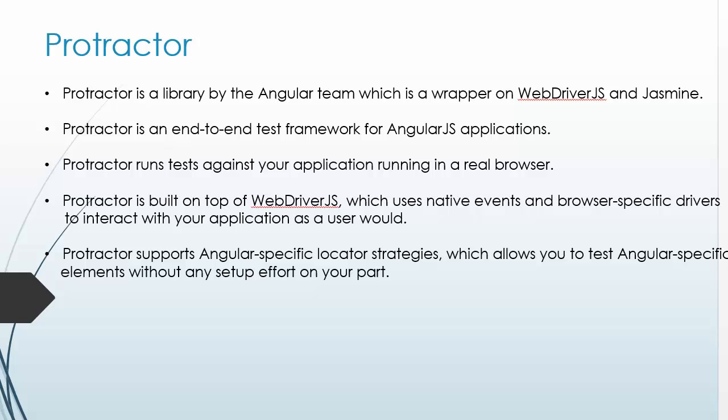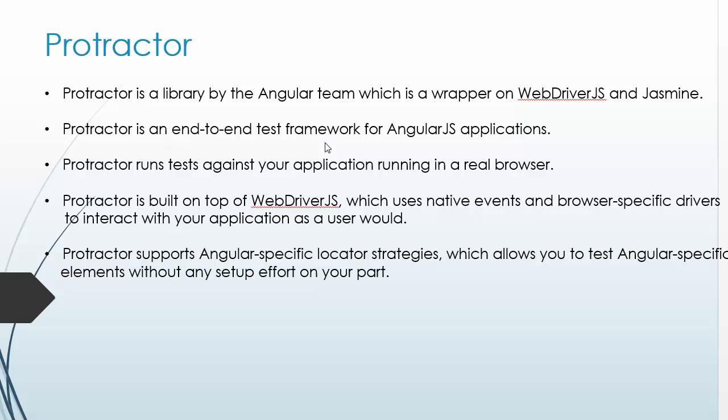That is the reason we studied Selenium, then WebDriver, then WebDriverJS, which is based on the Node module, Node.js, and that is the reason Protractor is asynchronous. And then we studied Jasmine, which is a development framework. It is basically an end-to-end test framework for AngularJS applications.